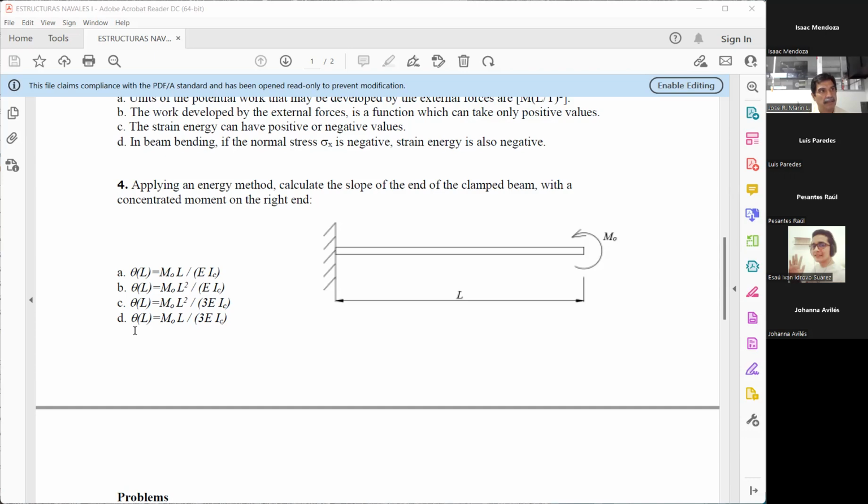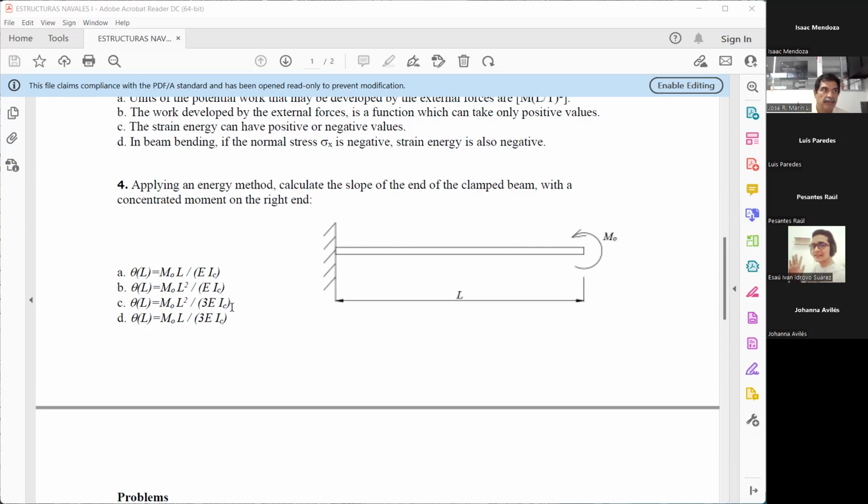The numerator is force times length cubed. Now, what are the units of the denominator? Force over length squared.